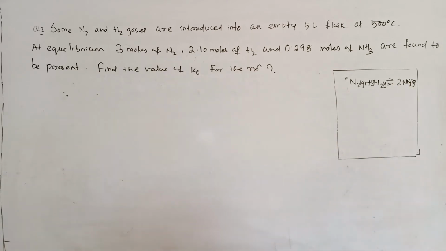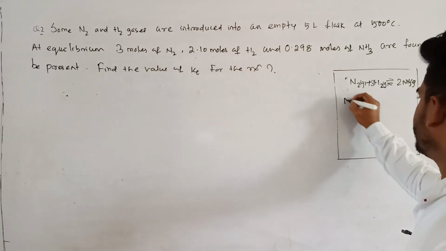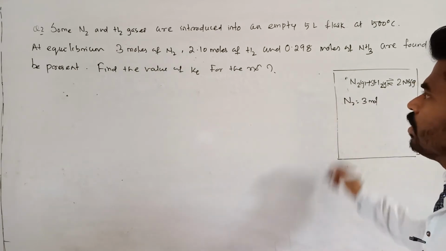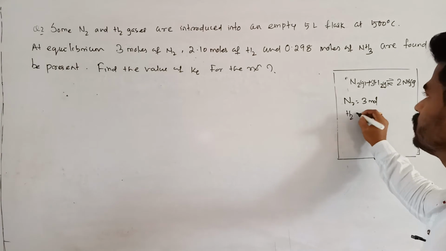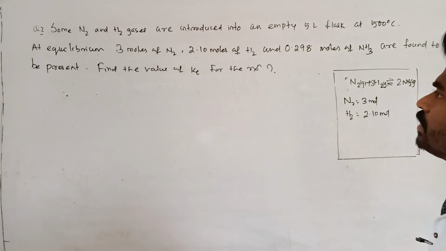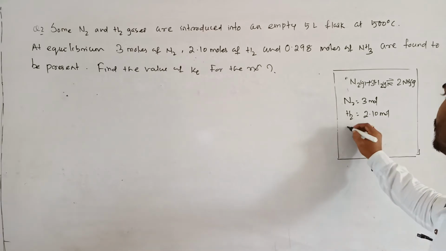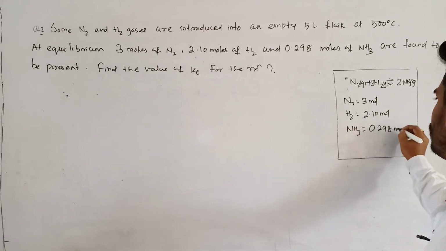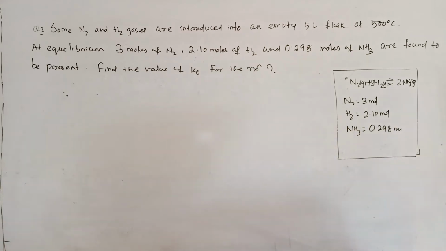At equilibrium, 3 moles of N2, 2.10 moles of H2, and 0.298 moles of NH3, the product, are present over a volume of 5 liter. So find out the value of Kc.